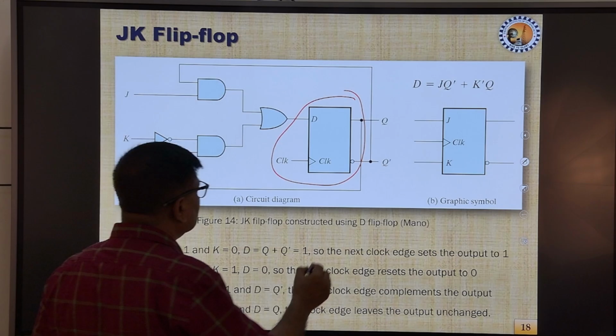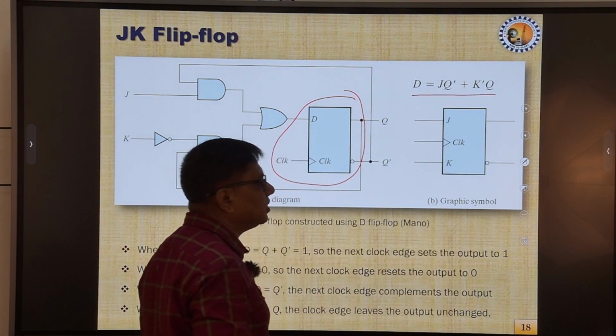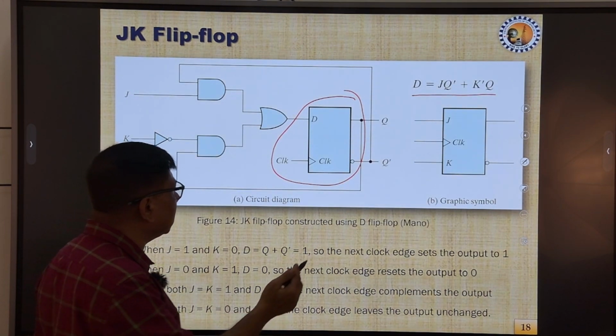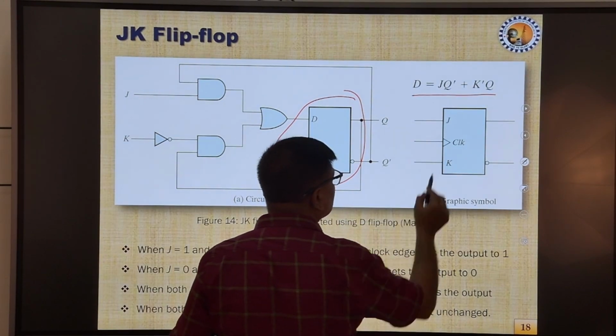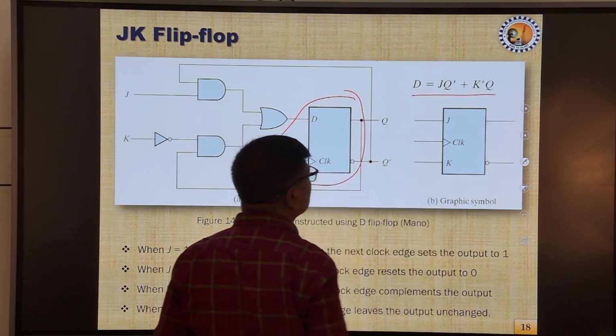The Boolean expression that governs this transformation is written over here, where D equals J Q bar plus, that means OR, K bar Q.